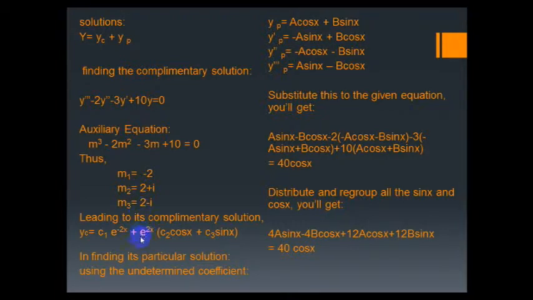I assume you already know how to get its corresponding solutions, so we'll proceed to the complete complementary solution obtained, which is yc = c1 e^(-2x) + e^(2x)(c2 cos x + c3 sin x).